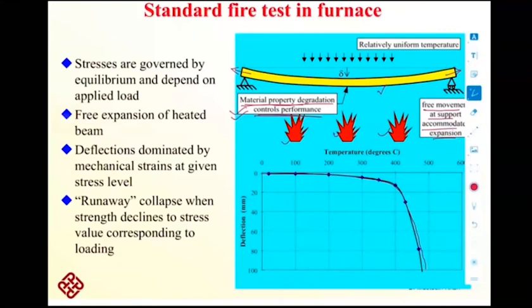And that is why you can see here up to 400 degrees Celsius the deflection in the beam is very low. As soon as you keep on increasing the temperature beyond 400 degrees Celsius, there is a sharp increase in the deflection of the beam. This sudden increase in the deflection, we call it a runaway deflection. At this sharp increase in the deflection, we consider the beam or the member has failed in the load carrying capacity, criteria 1.